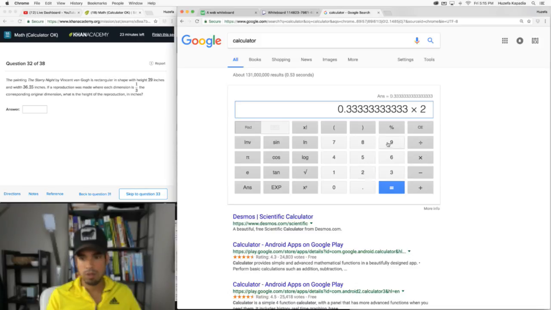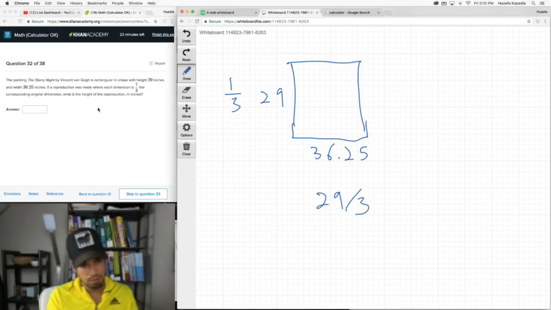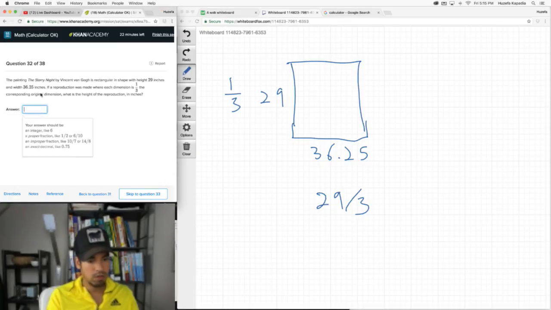Maybe they want it as an improper fraction. That seems too quick, so let me make sure I read that right. Each dimension is 1/3 the corresponding dimension, so it's 1/3 of 29, which is 29 over 3, I guess.